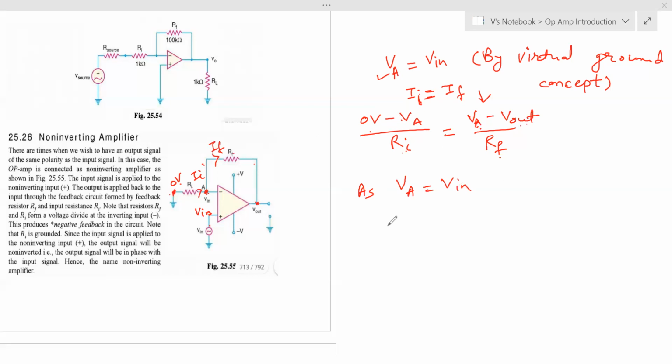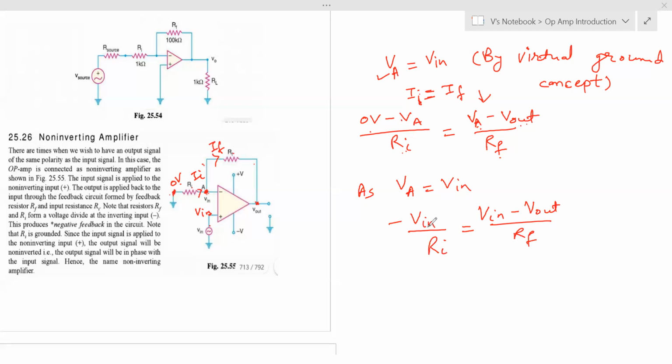So minus Vin, the first term, divided by Ri, equals again Vin minus Vout divided by Rf. Okay. Now there are two terms which contain Vin, right? So we can collect these terms and solve further.